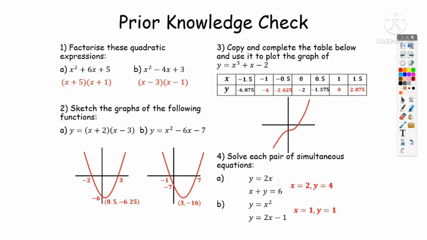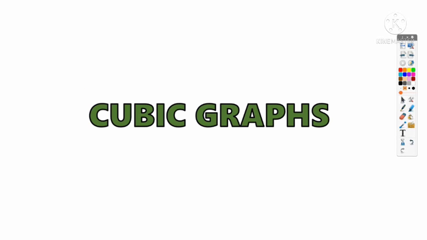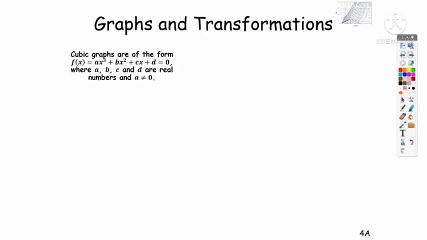So, moving on to cubic graphs, which is the first part of the new bit of work that we will do. Cubic graphs are of the form f of x is equal to ax cubed plus bx squared plus cx plus d equals 0, where a, b, c and d are real numbers and a is non-zero.